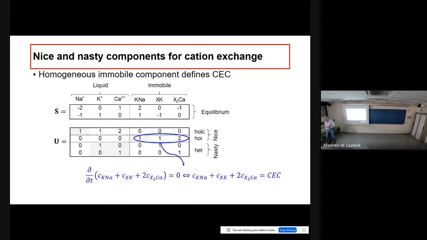Maybe another example is cation exchange. I can do the same. So I have a reaction of sodium and calcium that get exchanged with, this should be an X actually.